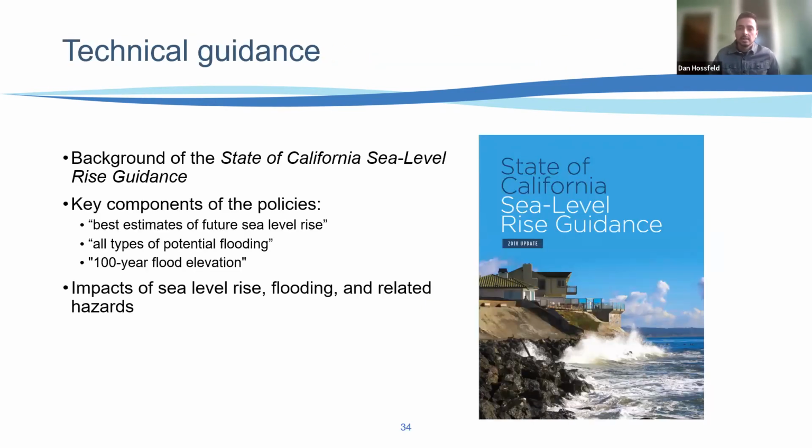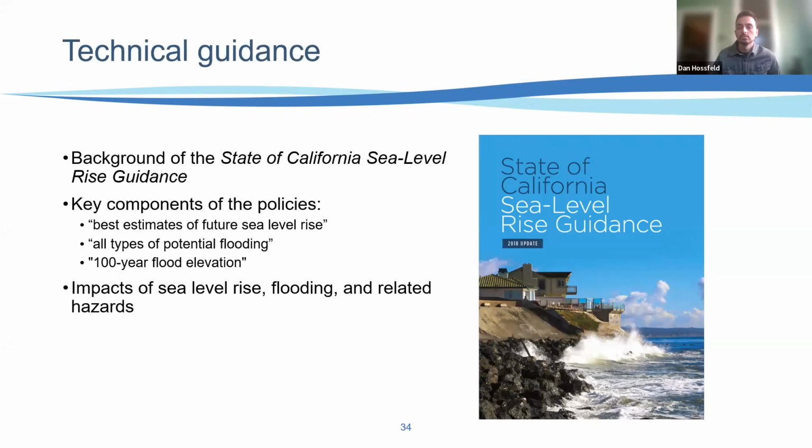So the next section of the guidance contains summaries of the relevant best available science, technical information to support the implementation of the policies, as well as some lists of tools and additional resources for even further information.